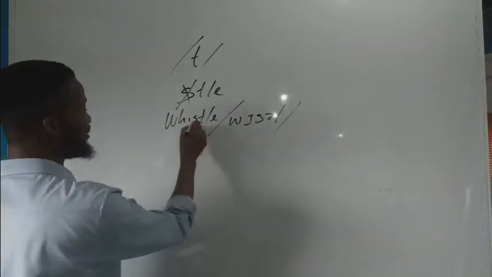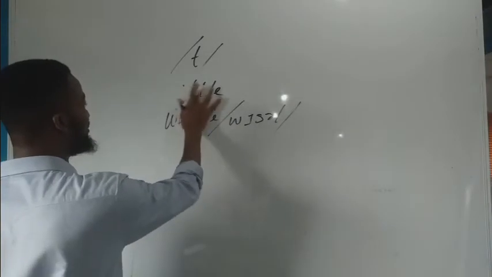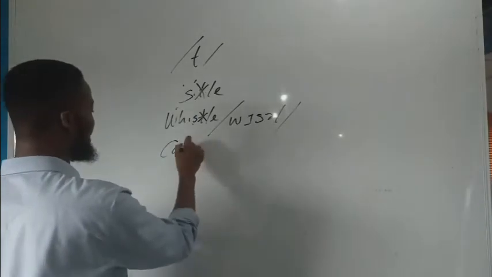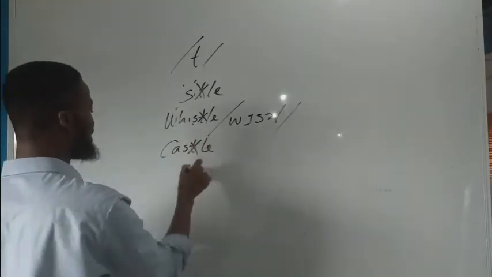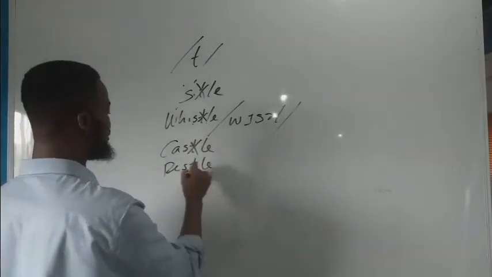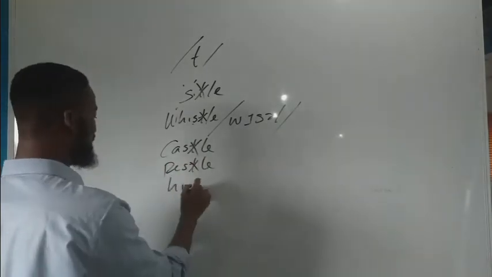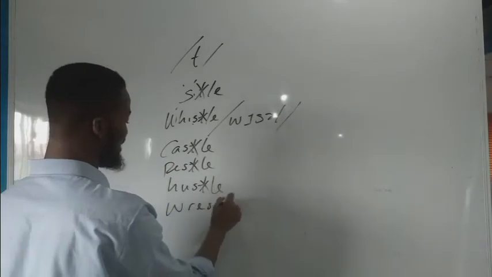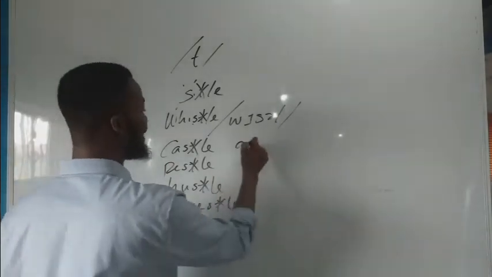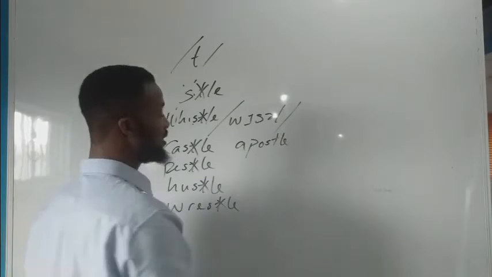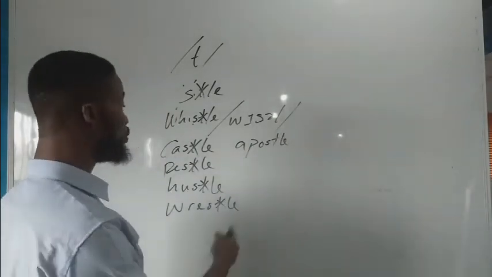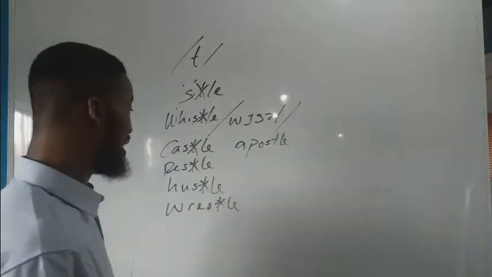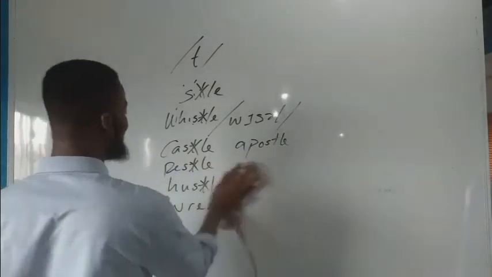You realize that the S is pronounced, but the T is gone. Whistle. C-A-S-T-L-E is called castle. P-E-S-T-L-E is called pestle. H-U-S-T-L-E is called hustle. W-R-E-S-T-L-E is called wrestle. A-P-O-S-T-L-E is called apostle, and so on and so forth. Once you see a word that ends in S-T-L-E, you realize that the T is silent.